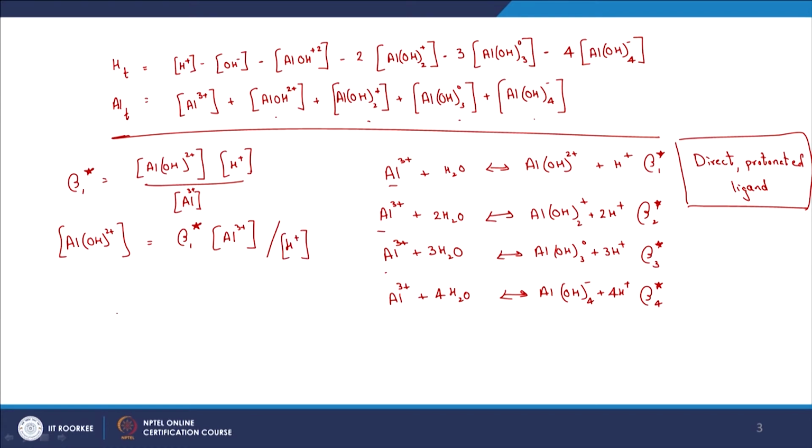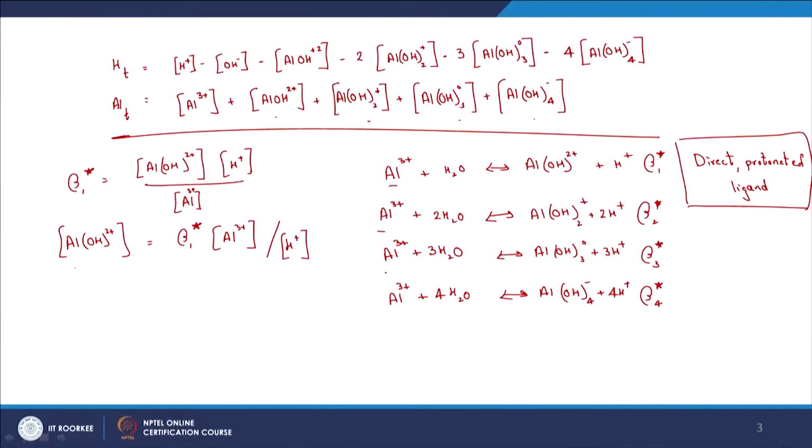So in the same manner, I can list the other 3 complexes too, in the form of Al3+ and the relevant coefficient, which is beta 2 star, beta 3 star and beta 4 star. Let us just list them out here so that we get some practice. So Al, and the next one would be Al(OH)2, with plus 1 charge.